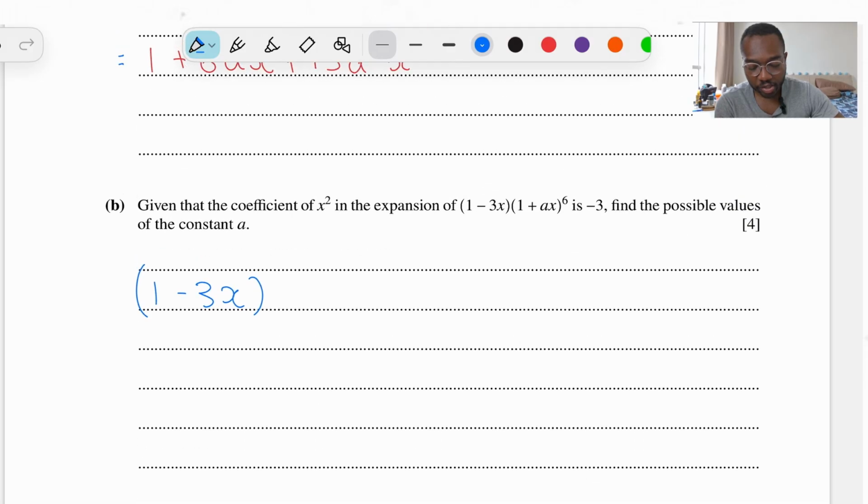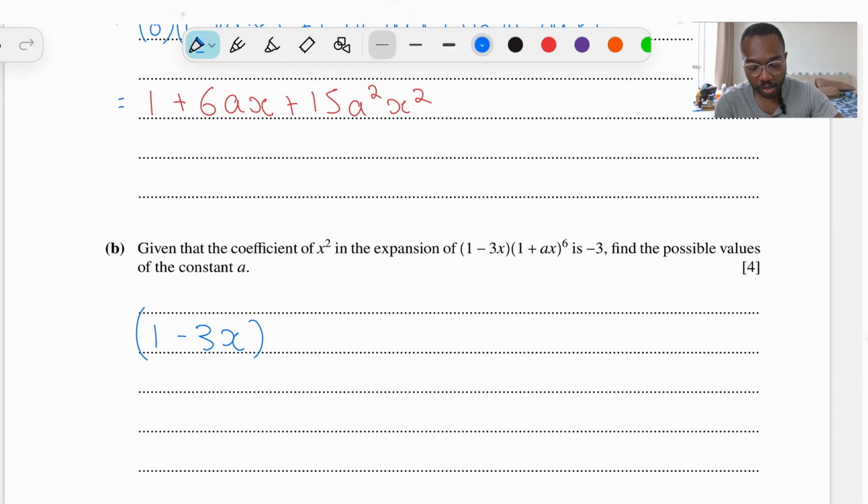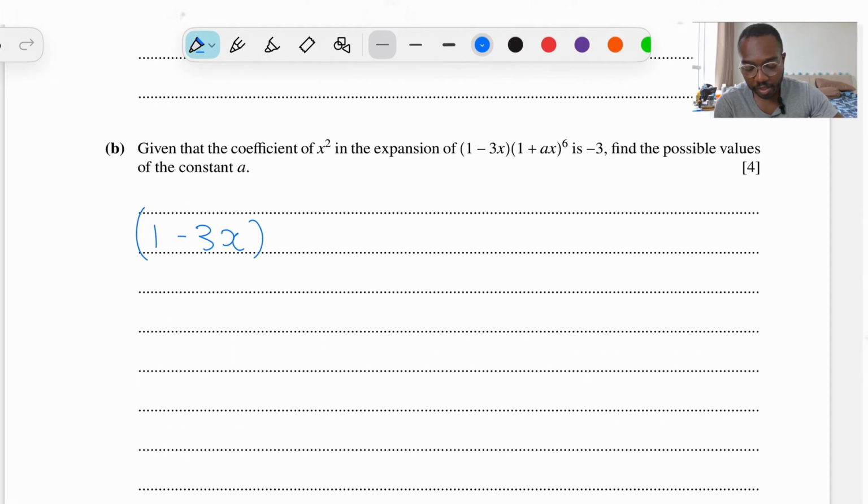In the previous question, we worked out those terms up to x squared. Therefore, we can replace the (1 plus ax) to the power of 6 with 1 plus 6ax plus 15a squared x squared. That's what we worked out in part A. The reason we can do it is because we care about the x squared coefficient.